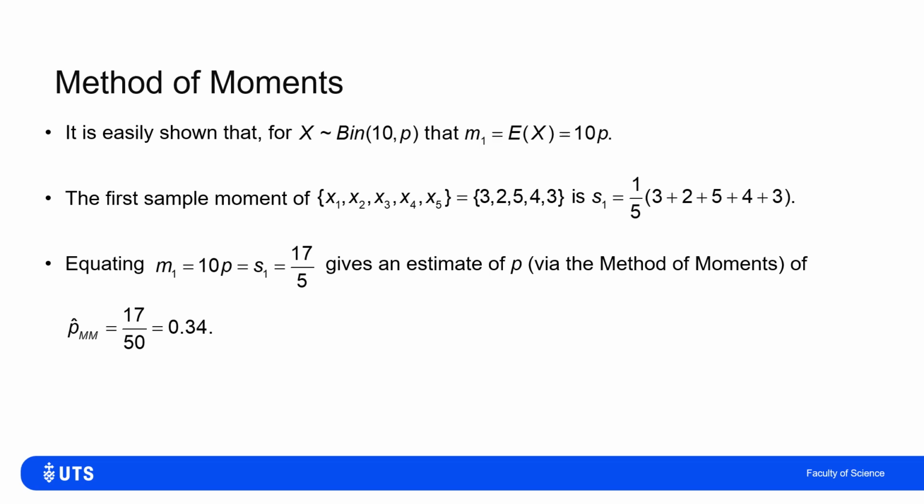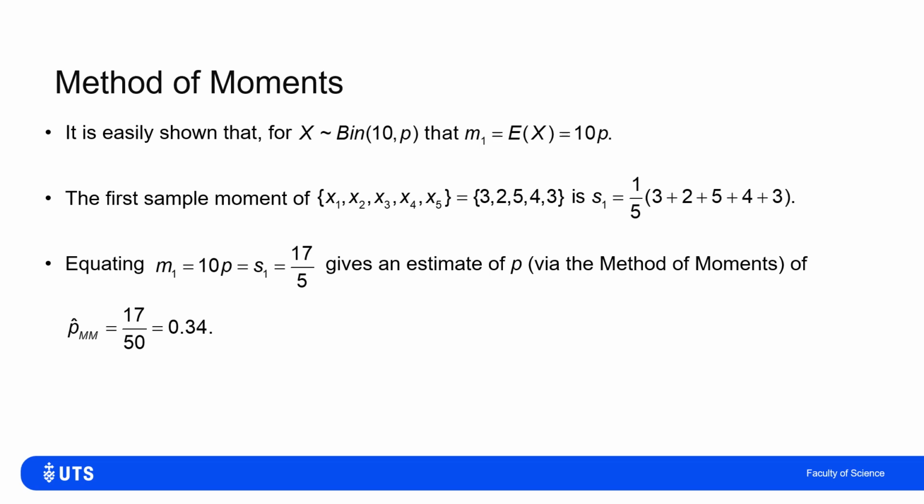So I would say, if my population first moment is 10p, and my sample first moment is 17 on 5, then 10p has to be equal to 17 on 5.